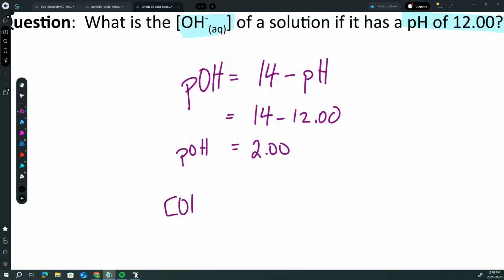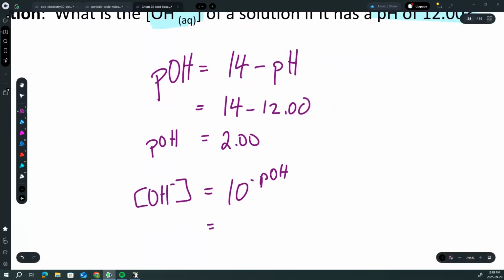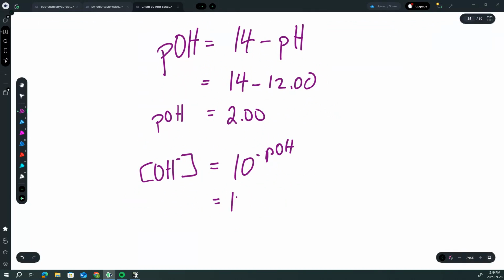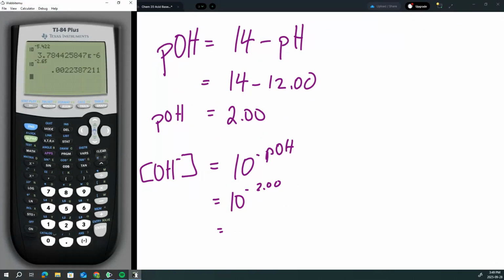Now to figure out concentration of hydroxide, that's 10 to the power of negative pOH. So it's 10 to the power of negative 2, which if I throw that into my calculator, that's second function log, negative 2, gives 0.01.